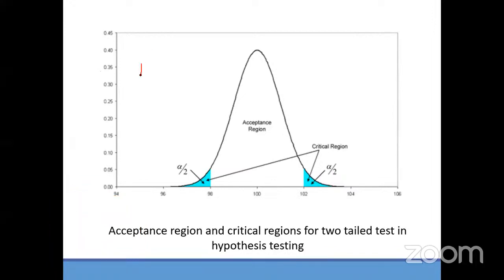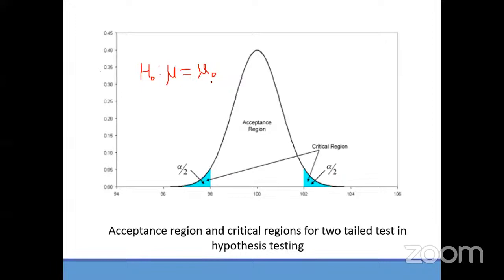So here, the null hypothesis H naught, mu, has an equal to sign, right?